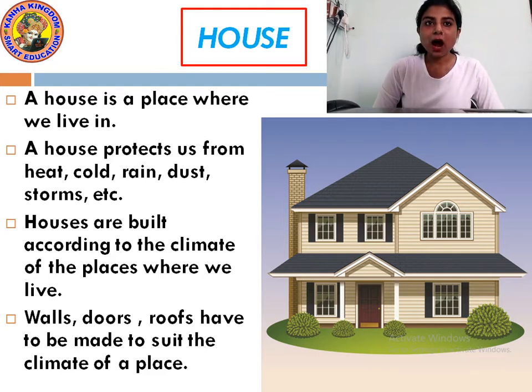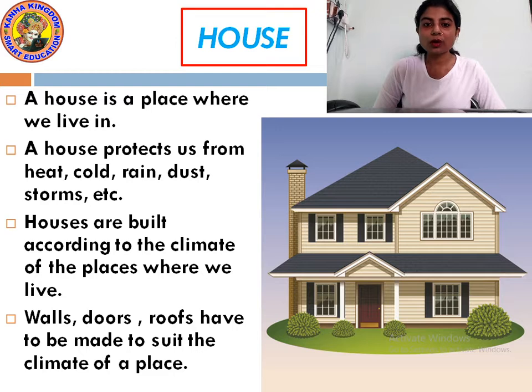Okay. A house protects us from heat, cold, rain, dust, storms, etc. How does a house protect us? Why do we live inside a house? So that a house protects us. Yes or no? If you are feeling so much hot and if you are feeling cold, can you stay outside? No, we need a house to live in.